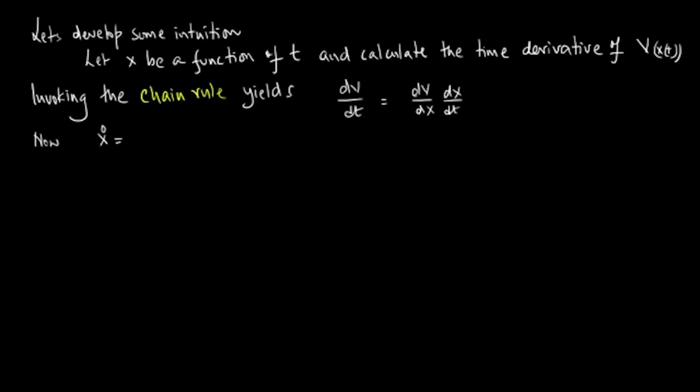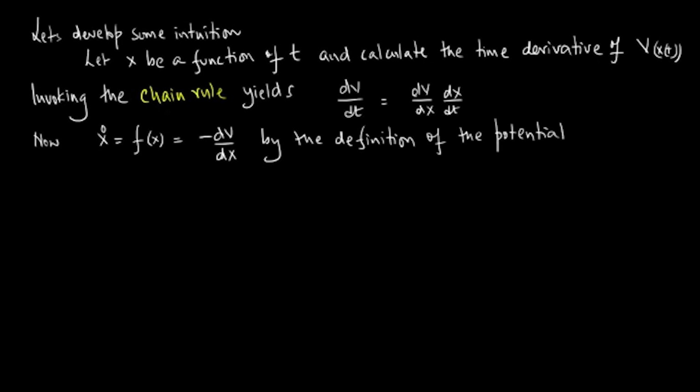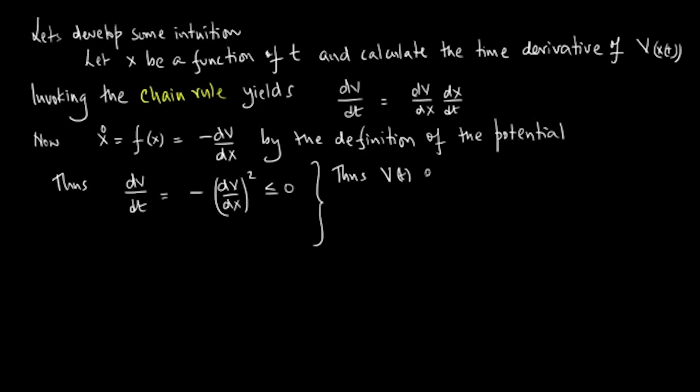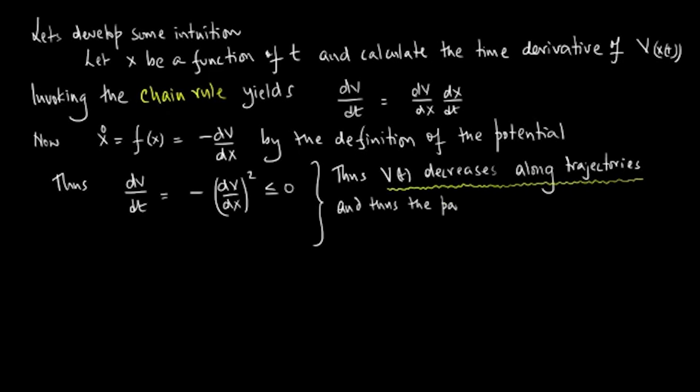So now x dot is equal to f of x, which is equal to minus dV dx, and that is simply by the definition of the potential. Thus dV dt is equal to minus dV dx whole squared, which will be less than or equal to 0. So V of t decreases along the trajectories, and that's worth highlighting. And thus the particle moves towards a lower potential.